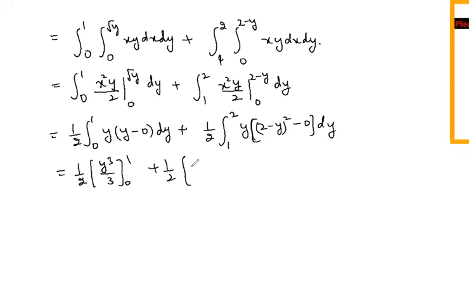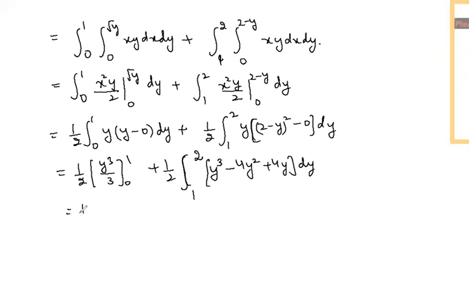Simple calculations are there. Okay, now you will first of all write the limits, integral 1 to 2, and you open this first. This is going to be y cube minus 4y square plus 4y dy.